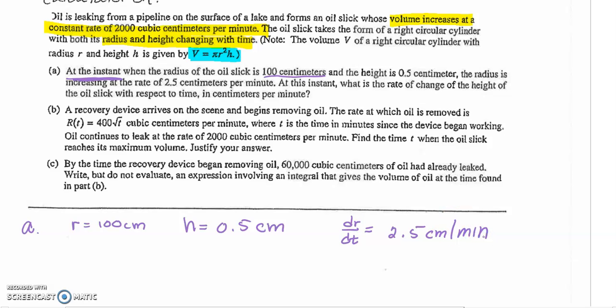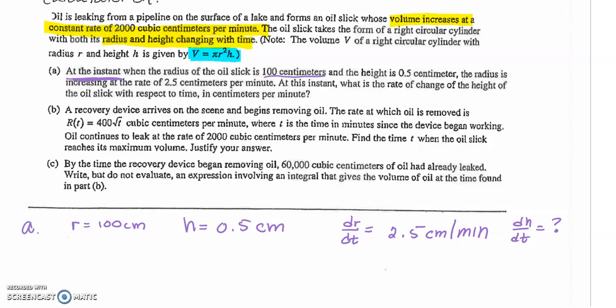What is the rate of the height with respect to time? What we're looking for is dh/dt. If you remember from the related rates unit, you should always think about taking a picture of the situation. You took the picture when the radius was 100 centimeters and the height was 0.5 centimeters, and then you took another picture a moment later.